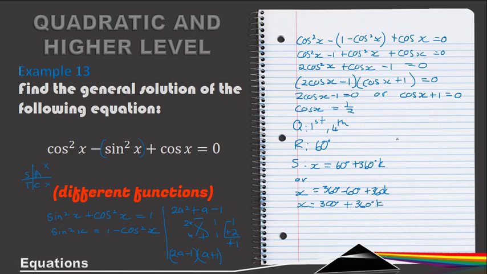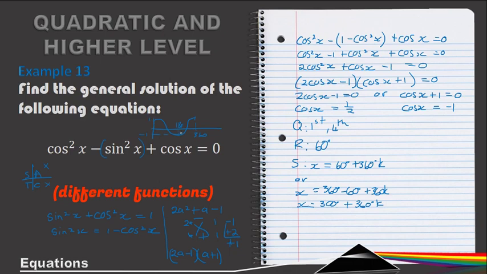All right. Then on the other side, if I solve for cos x, I've got cos x is equal to minus 1. Now, in this case, I don't have to go through all the QRS steps. This one I can actually read off from the cos graph. If I have the cos graph that looks like this, and over here we've got 360, and over here we have 180, then minus 1 lies over here and 1 over here.